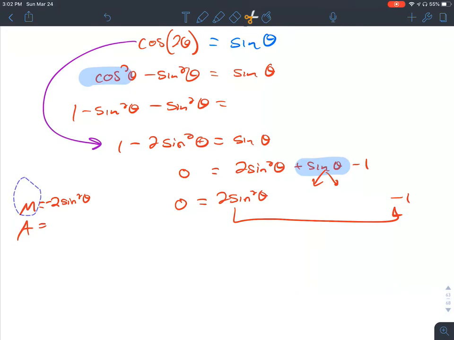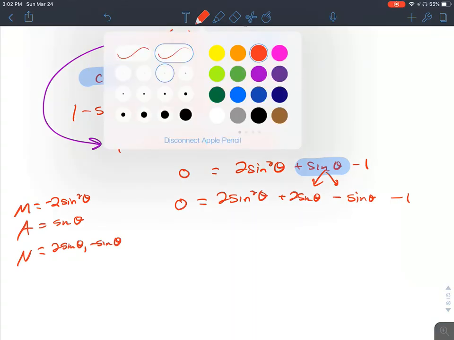Same two terms add to get the middle term of sine of theta. And it looks like that's going to be a 2 sine of theta times a negative sine of theta. So if I split this middle term into a plus 2 sine of theta and a minus sine of theta, that's called splitting the middle term.